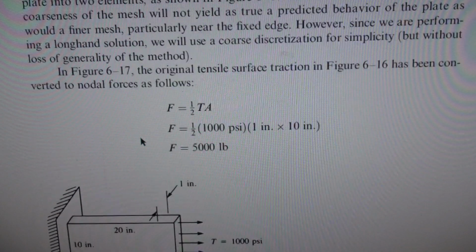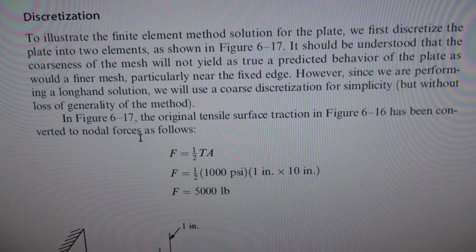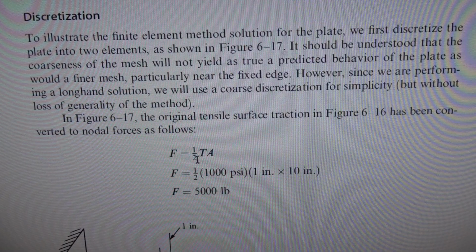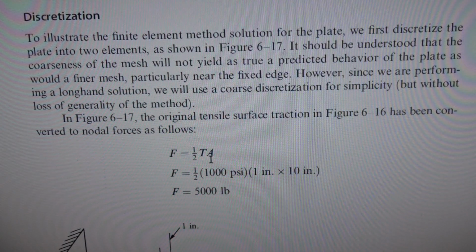First, you have to convert this traction force into nodal force. How can we convert it? Already I have discussed: the total force is equal to this traction multiplied by area, and divided by 2.